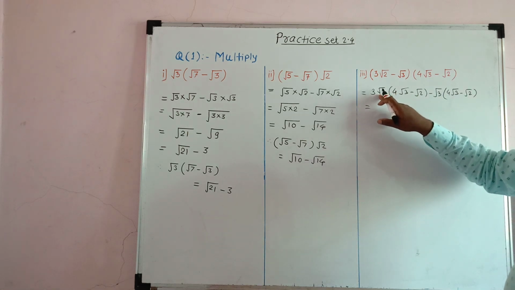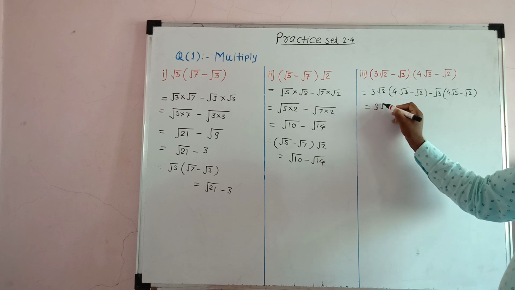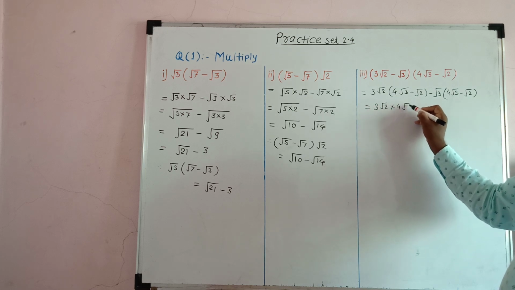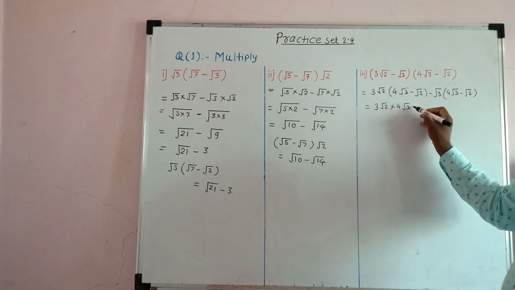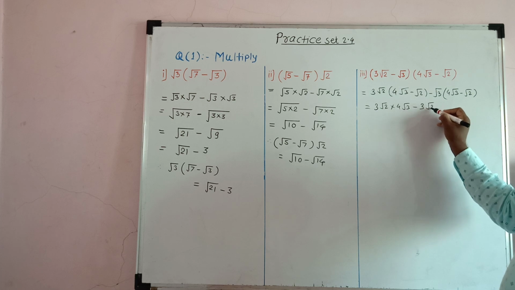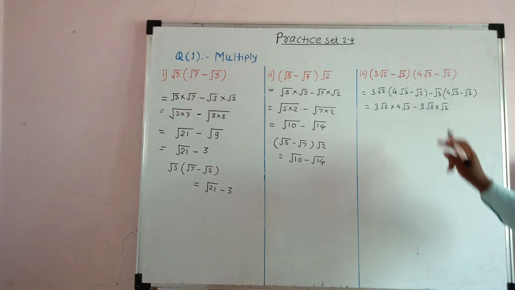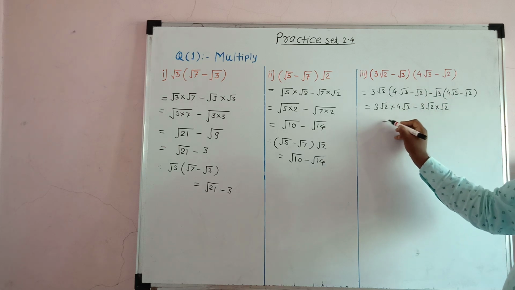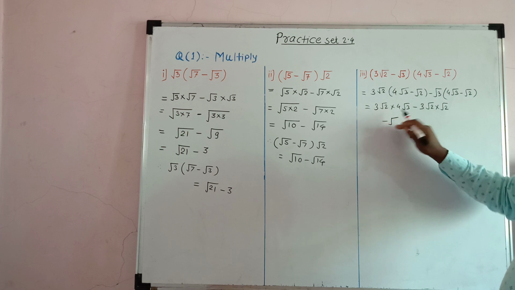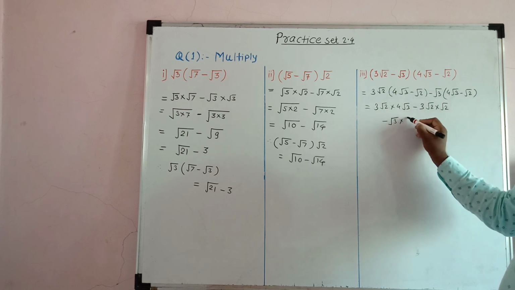now multiply by 3√2 in bracket: 3√2 × 4√3, then minus sign, 3√2 × √2, then this minus √3, minus √3 × 4√3.